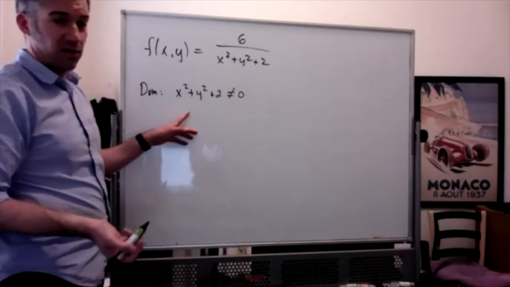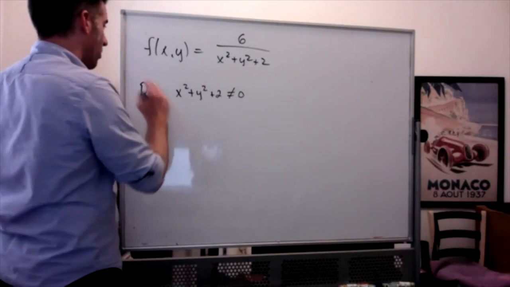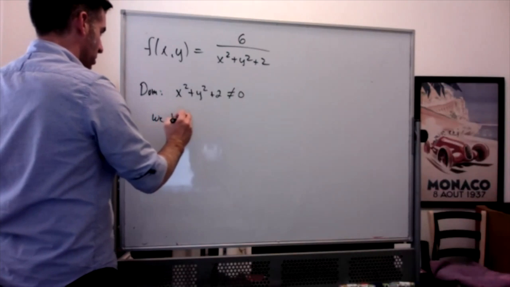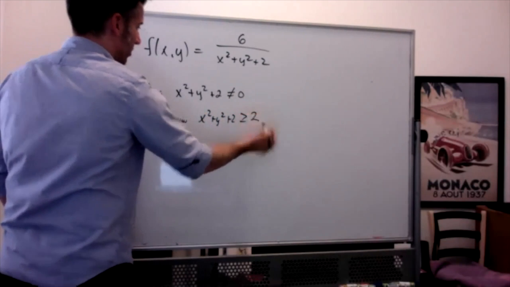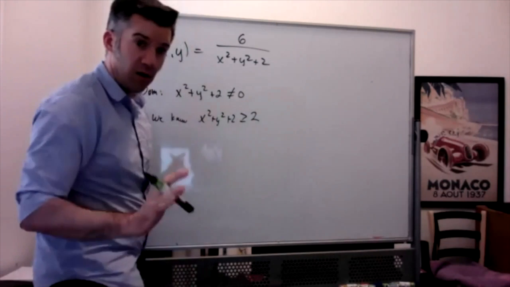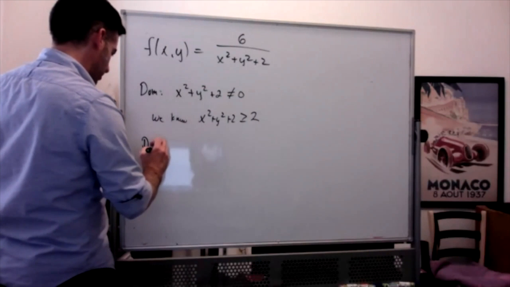X squared plus y squared is always greater than or equal to 0, plus 2 is always greater than or equal to 2. So we know already that x squared plus y squared plus 2 is in fact greater than or equal to 2. So the domain here is not all real numbers. The domain is the entire xy plane.